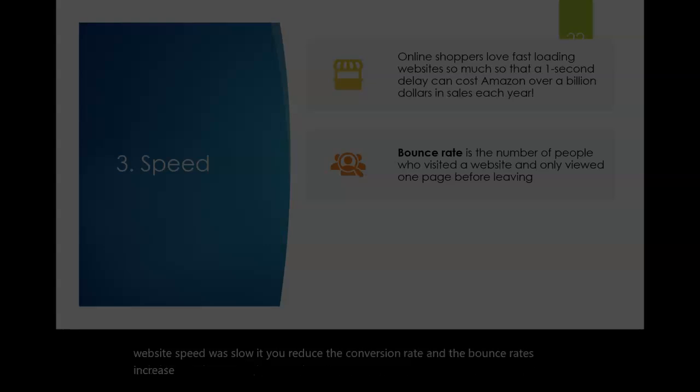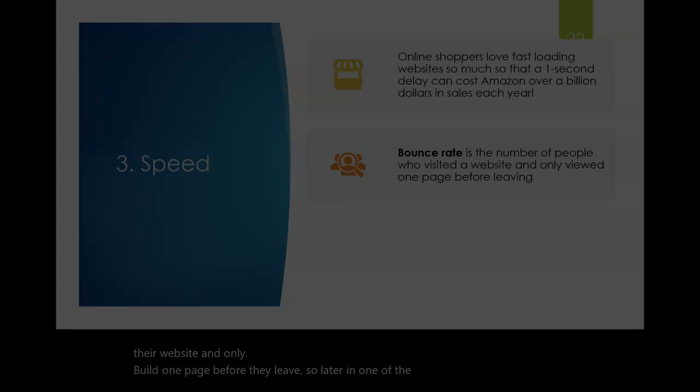As I mentioned before, bounce rate is the number of people who visit the website and only view one page before they leave. Later in one of the activities, you can find the benchmark for bounce rate for major retailers, and it's mostly around 40 to 60%.